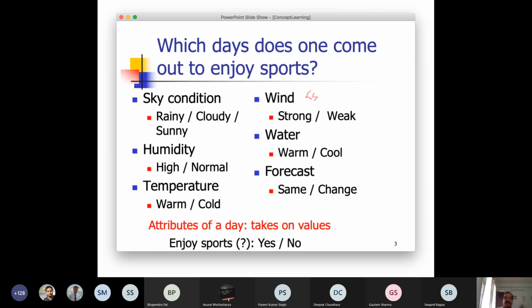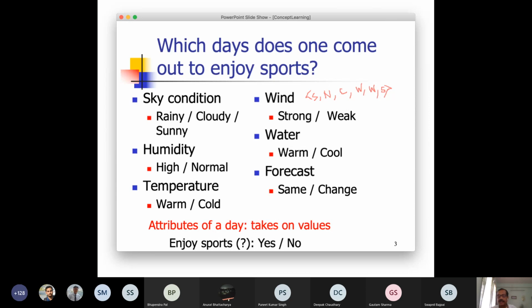Sunny is represented by S, humidity normal is represented by N, C is for temperature, W is for weak in the case of wind, and once again W is warm when it is water, and S is for forecast. So what does this representation mean?